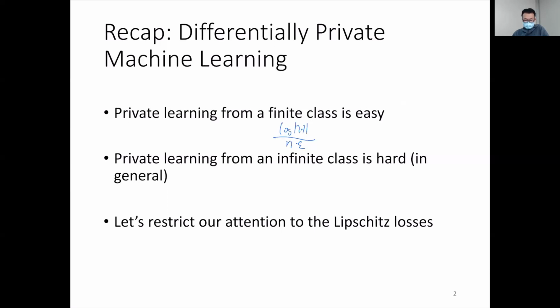In the non-private case, we can replace the log of the cardinality with the VC dimension. But even when the VC dimension is equal to 1, there exist cases where private learning is just impossible for any epsilon smaller than positive infinity. The same lower bound holds for epsilon-delta DP in any non-trivial regime for delta.